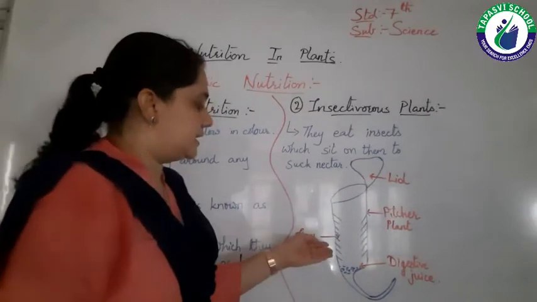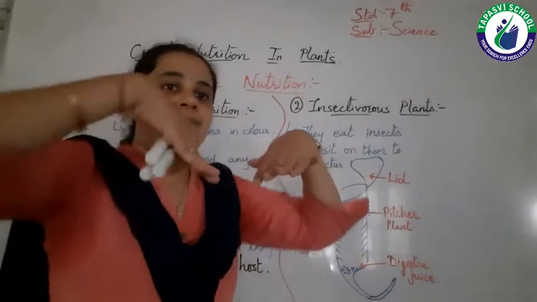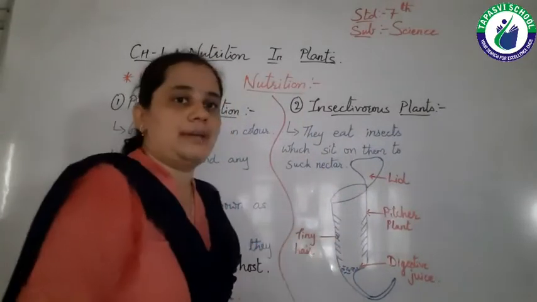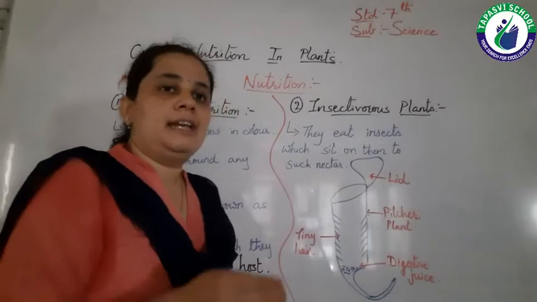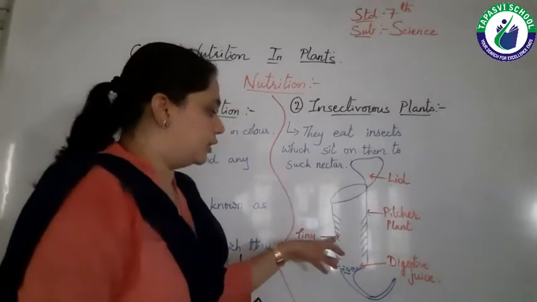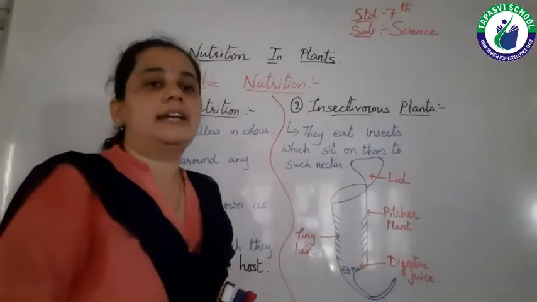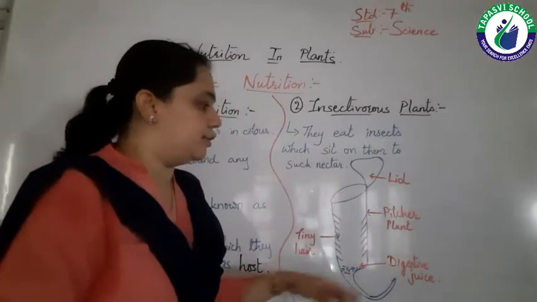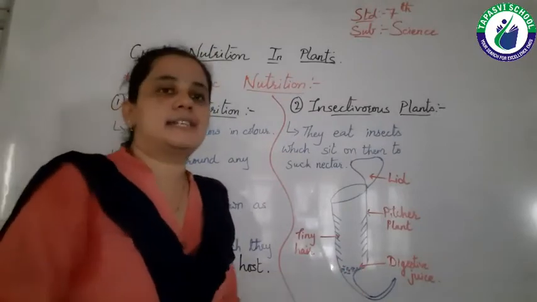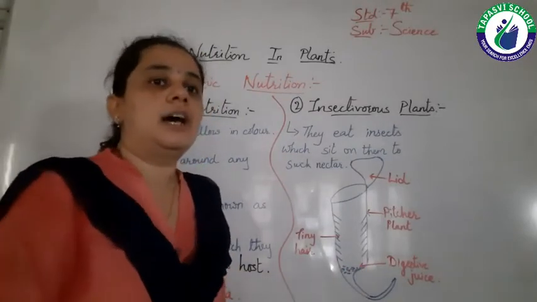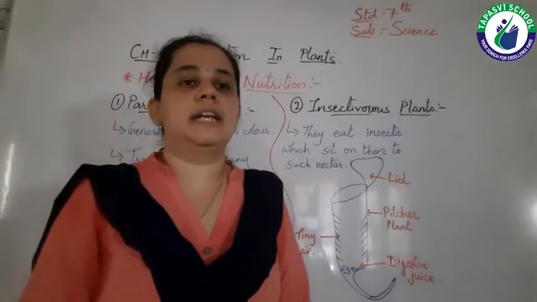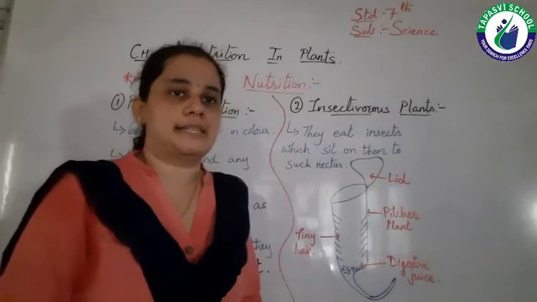If the insect tries to climb on this tiny hair, the hair do not allow the insect to climb, and the insect again slides and falls into the digestive juice. Now this digestive juice will digest the whole insect and the plant gets the nourishment from the insect.